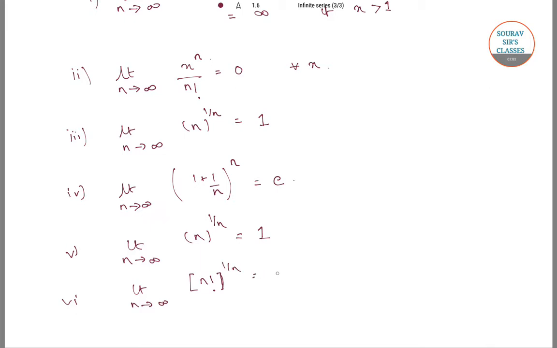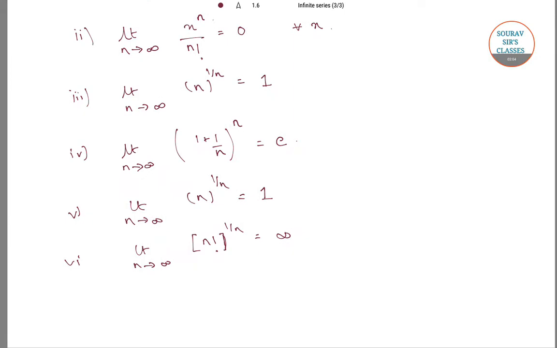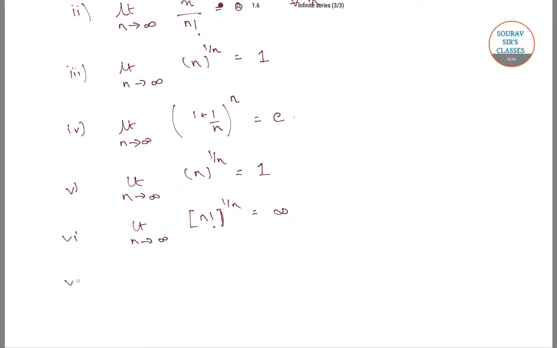It is equal to infinity, and when it is divided by n, that is limit n tends to infinity n factorial by n raised to the power 1 by n, it is equal to 1 by e.